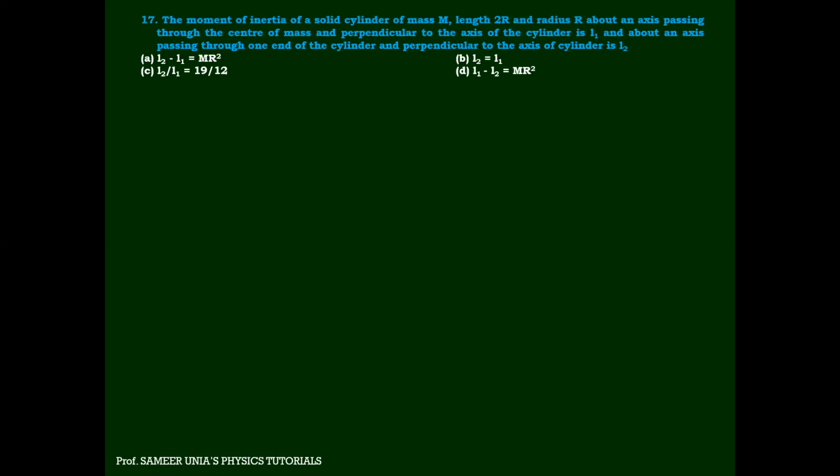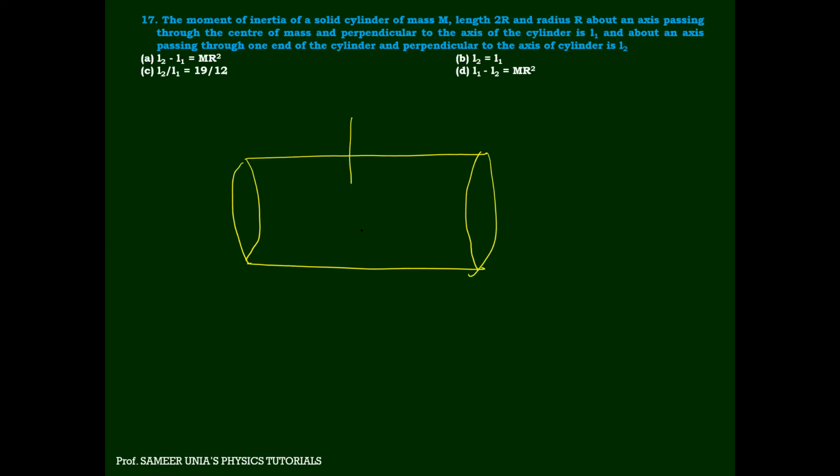Okay, इसका मतलब क्या हो रहा है कि एक सिलेंडर बनाया, perpendicular to the length उन्होंने I1 लिया, and passing through the end I2 लिया है. And length is 2r. So can I say this will be r?